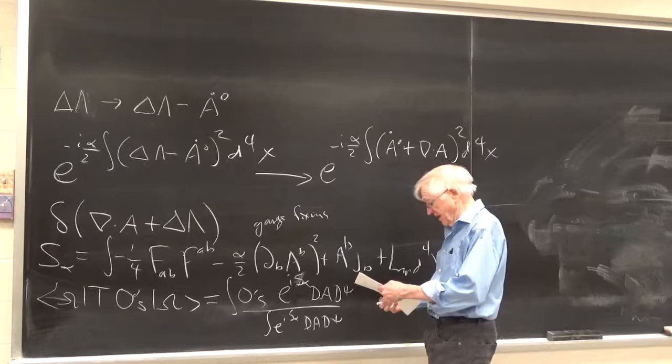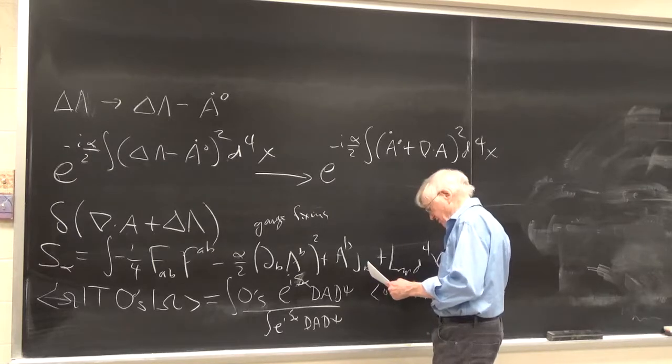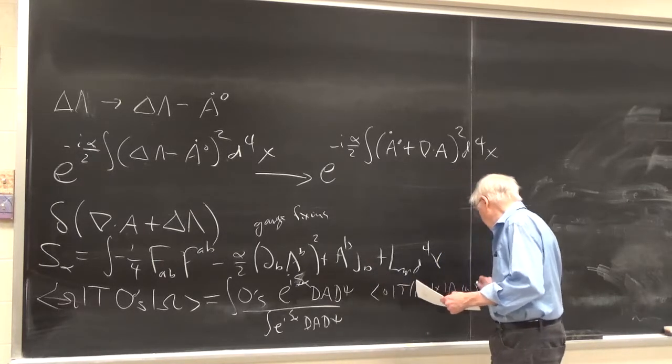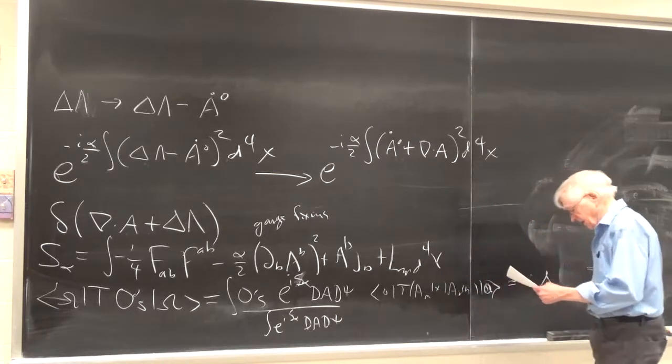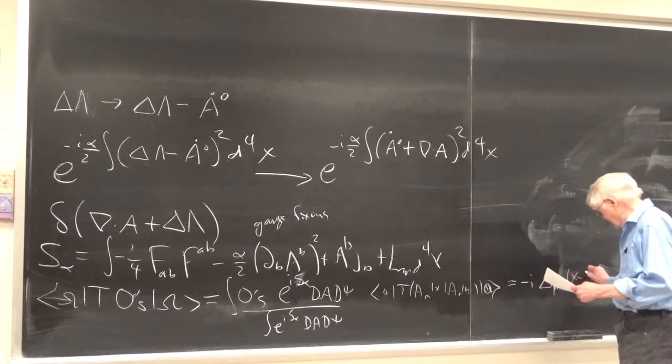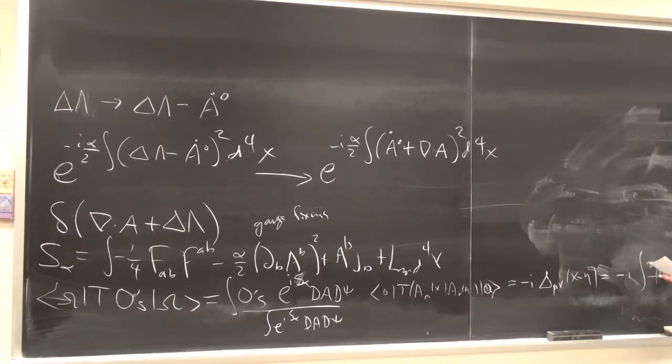And one finds that the time-ordered product of A^μ(x) A^ν(y) is the standard minus i delta thing that we learned about last semester: minus i integral of η^{μν} over q² minus iε, e to the iq(x minus y), d⁴q over (2π)⁴. Okay.